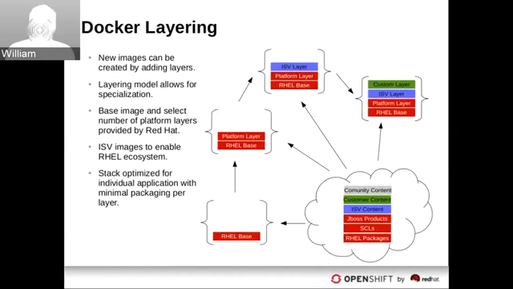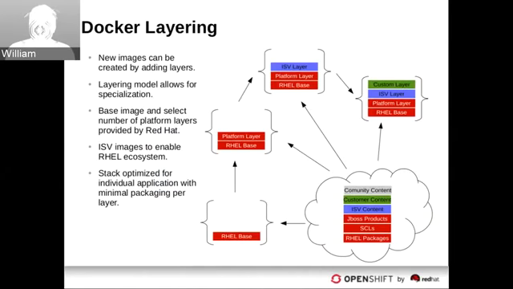Okay, so why does this become cool? Well, it becomes cool because then people like ISVs can do some fun stuff. So you get your RHEL base, for example, then you might add your platform layer. Maybe that's JBoss, or maybe it's some Fuse components, etc. Then your ISV turns around and adds their layer in, their particular application.